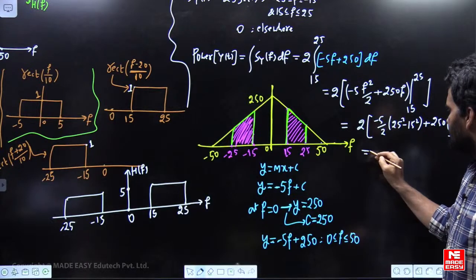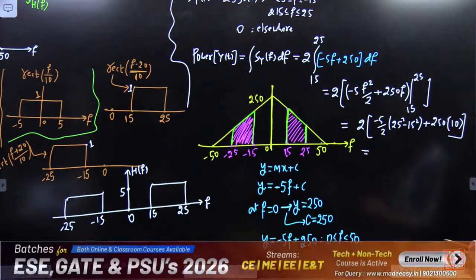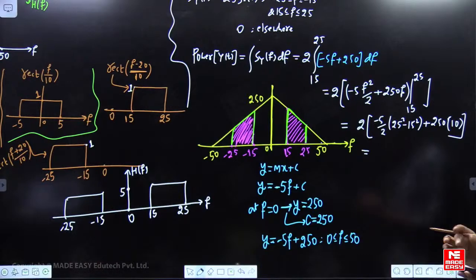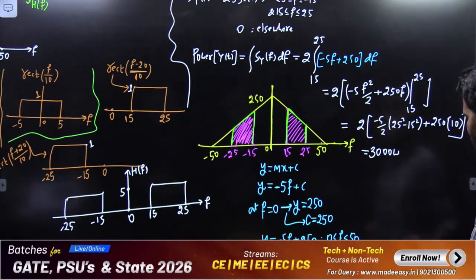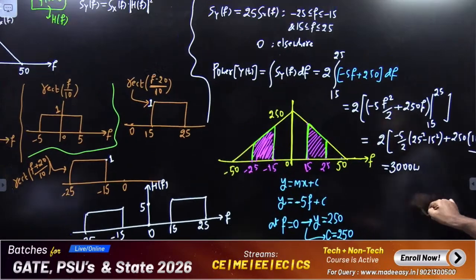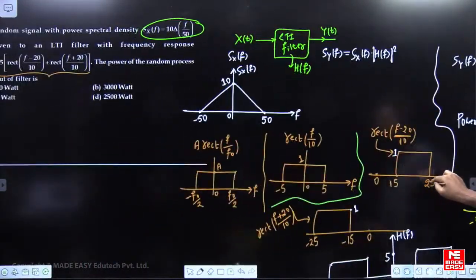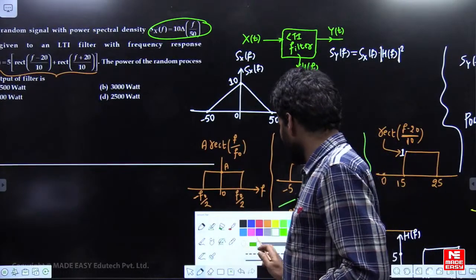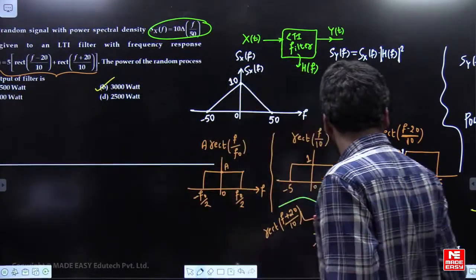If you do this, you will get 3000 watts. Is it a numerical answer type question or MCQ? MCQ. So option B is correct here.